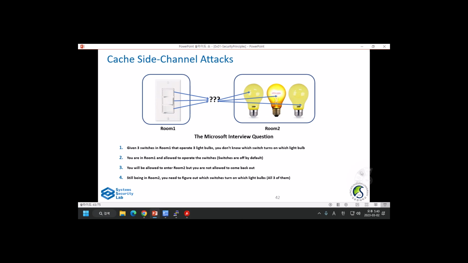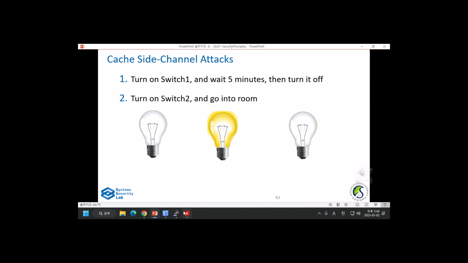Anyways, this illustrates how modern cache side channel attacks are done. So this is the answer. Turn on 1, wait 5 minutes, turn it off, turn on switch 2, and then you go into the room. So off, on, hot.